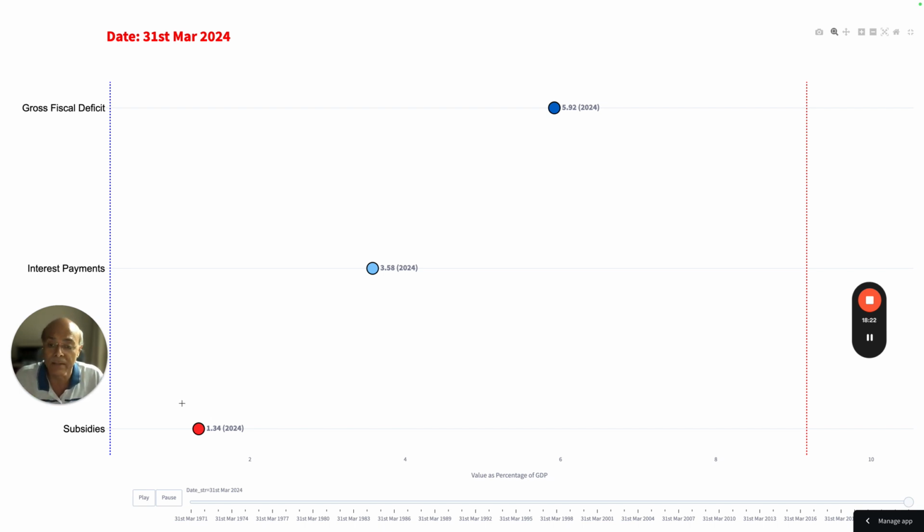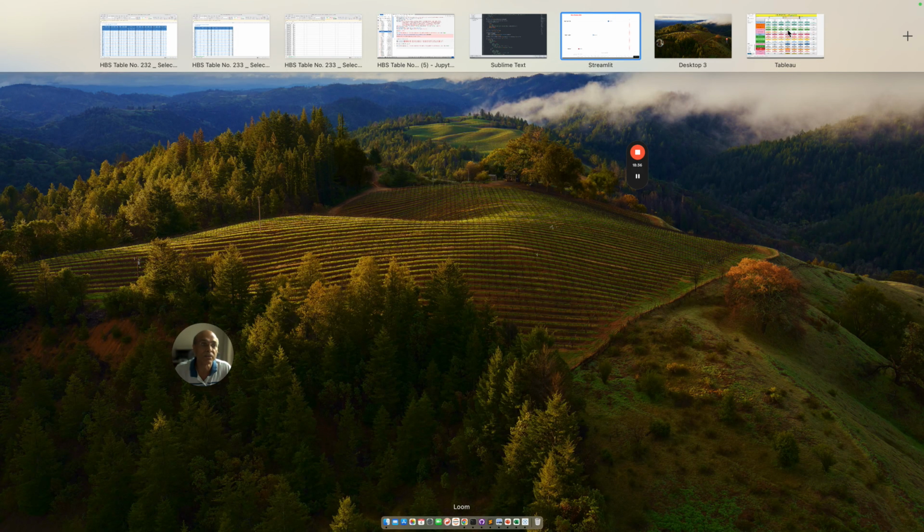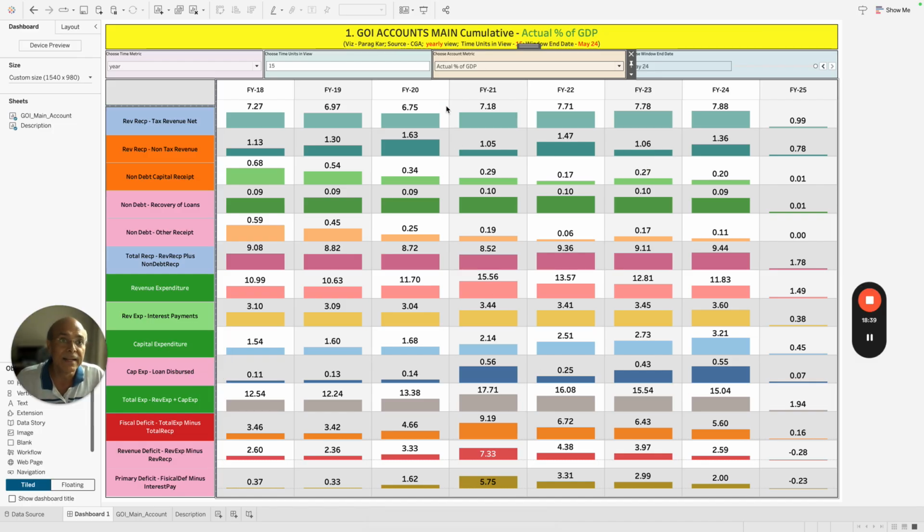They are very much tied as far as subsidies are concerned, because interest payment is not coming under control, though it is within a window period which is manageable. But if you look at the budget, let me take you through the actual values of the budgetary estimate.